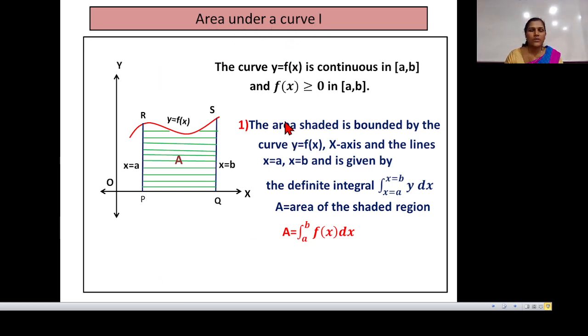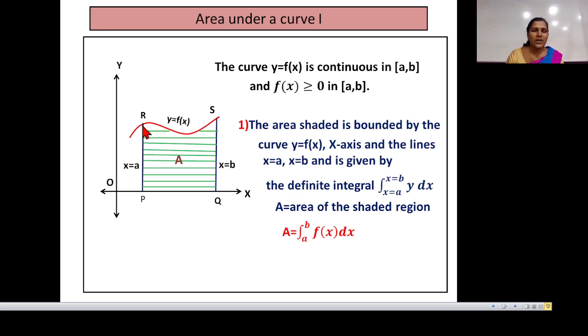In the first type, we are going to study the curve y is equal to f of x, and let this curve be continuous in the closed interval [a, b], where f of x is greater than or equal to 0. Then the diagram for this curve is like this. Here we have taken the curve y is equal to f of x in the first quadrant. This is our x-axis, y-axis, and we have sketched the curve y is equal to f of x like this.